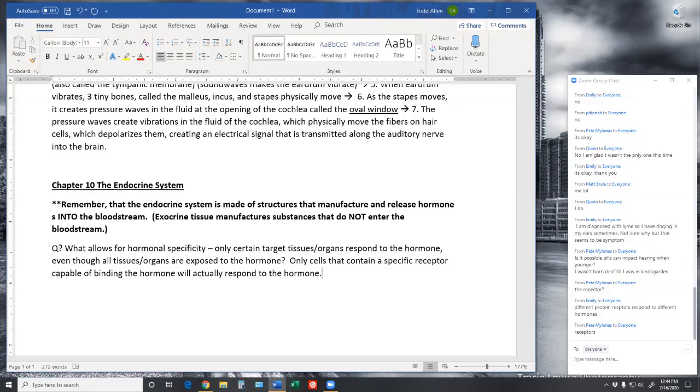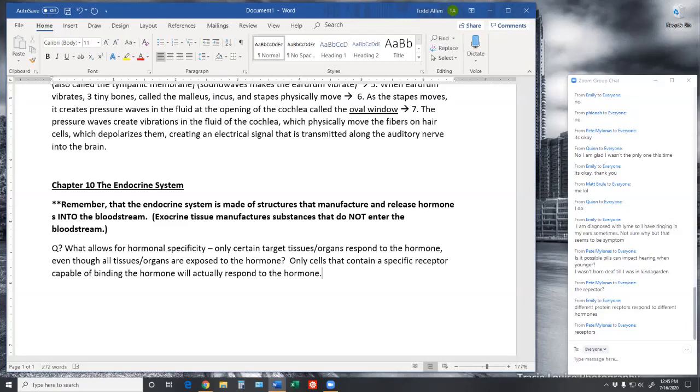So we're not going to spend a lot of time talking about all the hormones on page 173, although I will talk about some during this chapter. What I really want to talk about in this chapter is giving you a basic understanding of how hormones actually create a physiological response in the body.